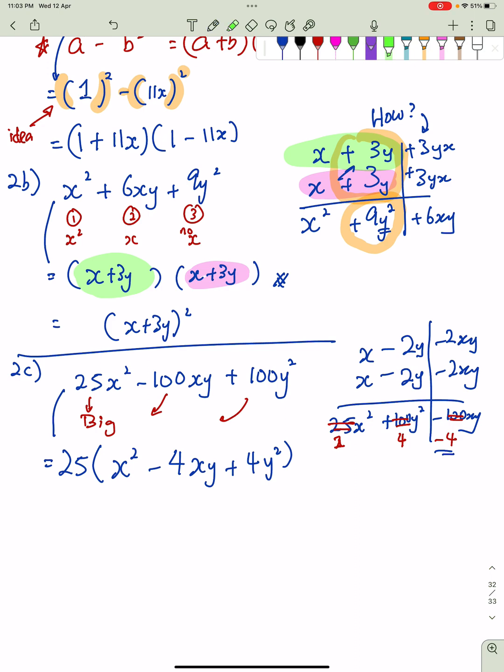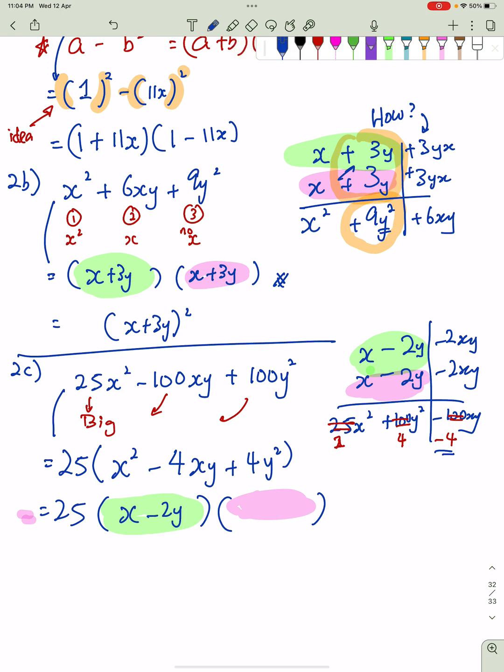Same thing again, I want to put them into two brackets, so I recall that the first row is the first bracket, the second row is the second bracket. So I will have 25, two brackets, the first one and the second one, right? So I will put x minus 2y, x minus 2y.